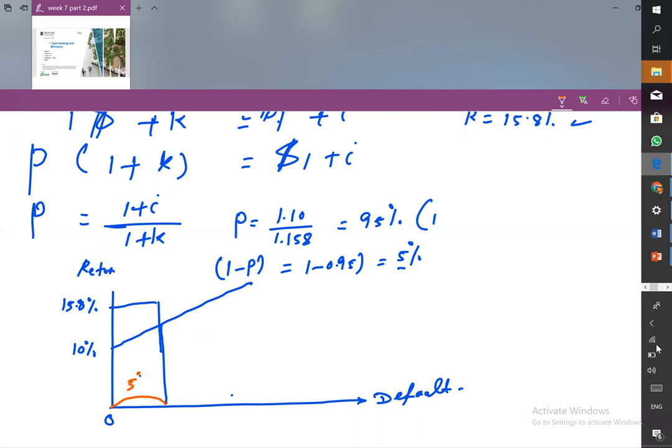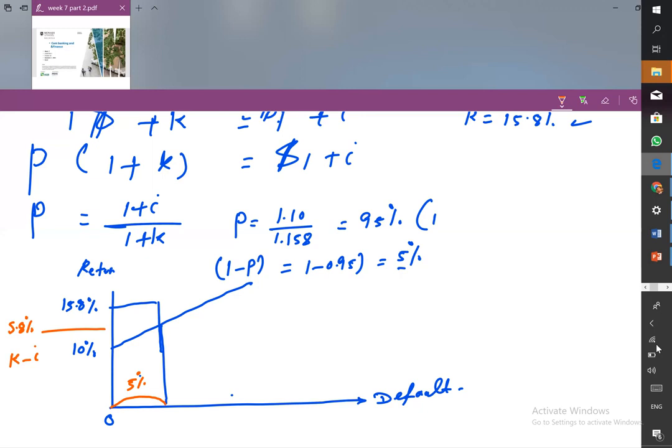For defaulting of 5%, I'm receiving a difference of 5.8%, which is the difference K minus I. This is how you get the premium. So if I know the probability of defaulting, I can actually calculate the premium.